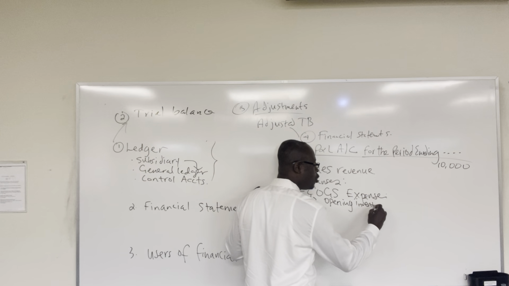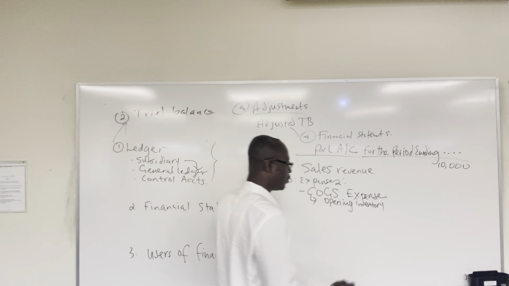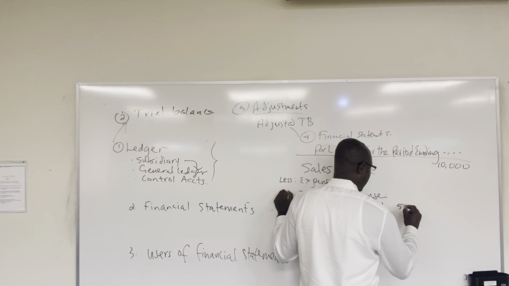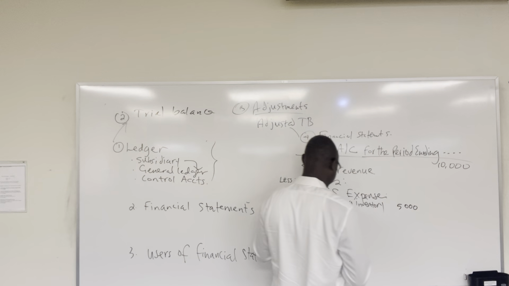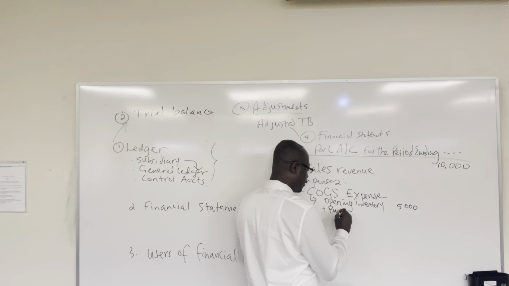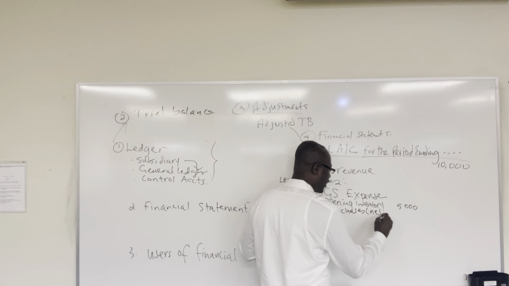This, you need to know it. You start with your beginning inventory, and let's say that your beginning inventory was 5,000, okay? Plus what you purchased, net of what you returned.